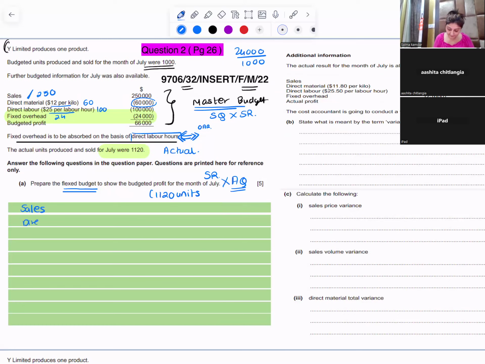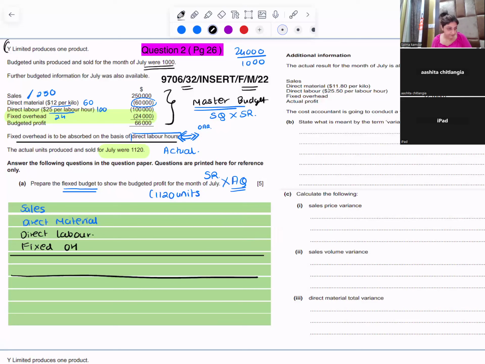Direct material. Sales minus direct material minus direct labor minus fixed overhead. So sales minus direct material, direct labor and fixed overheads would give you what? The profit.